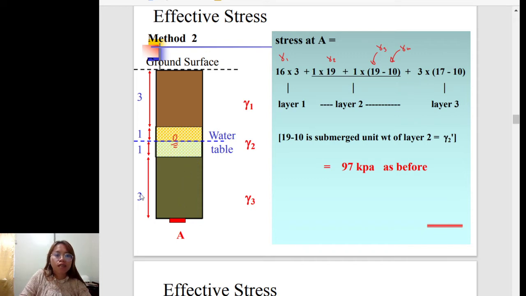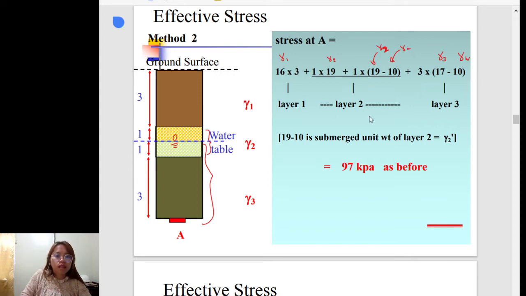This is the 3 height, times the unit weight, this is gamma sub 2, 19, because it is the same type of soil, so that is gamma sub 2 not gamma sub 3. And here this time this is gamma sub 3. Now this 3 minus the unit weight of the water, gamma sub W, since there is still water here. This portion is included in the effect of the pore water.